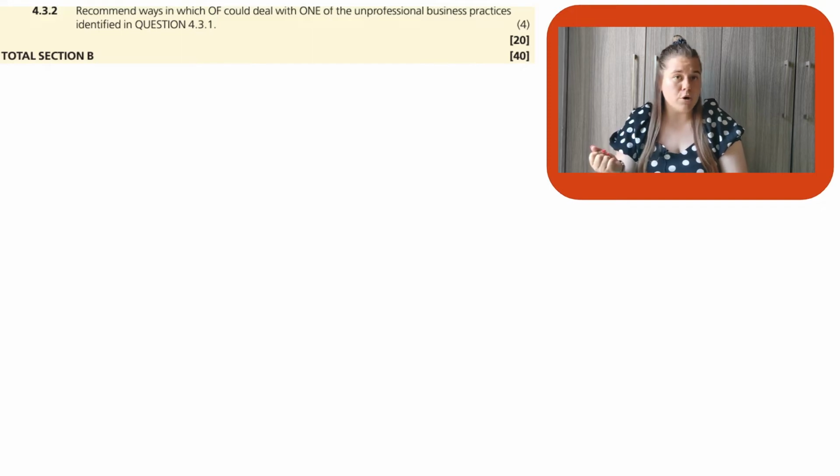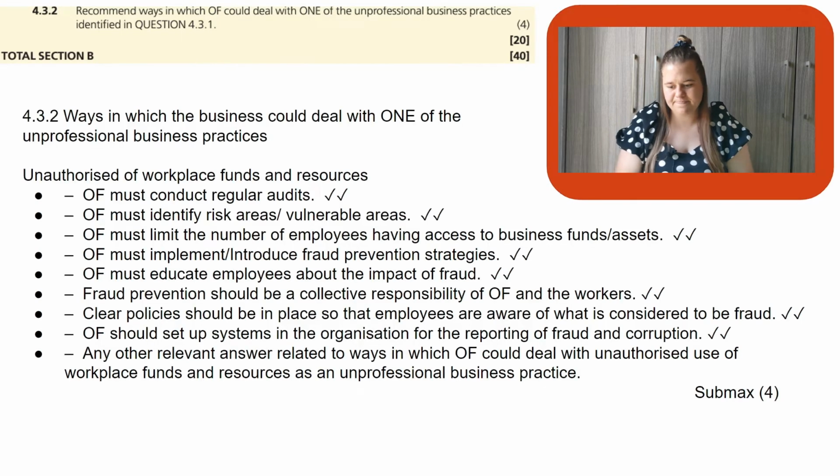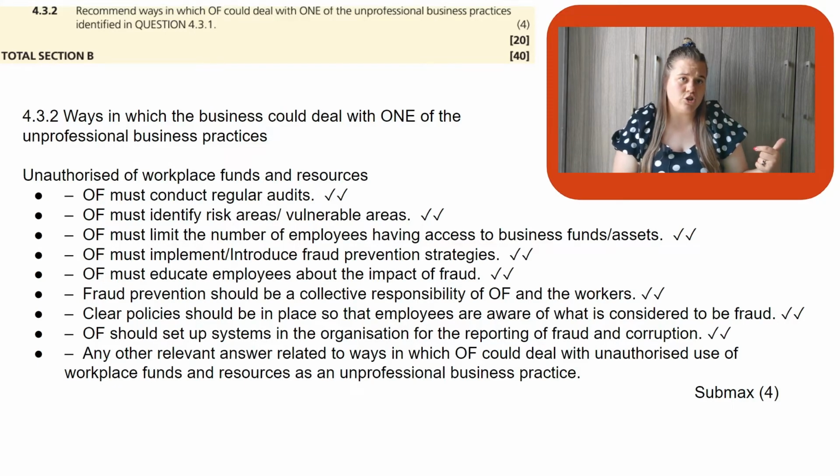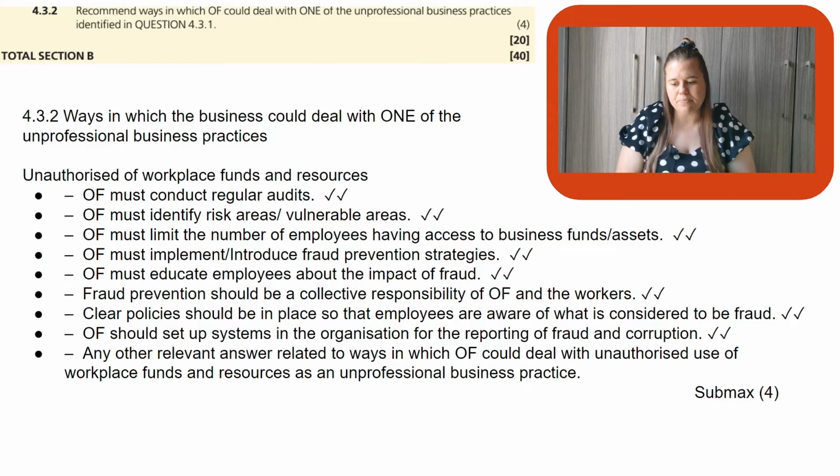Okay, 4 marks, 2 bullets. I'm first mentioning the unauthorized use of work funds, and then I'm going to mention the abuse of work time. All right, so OF must conduct regular audits. They must identify risk areas, and must limit the number of employees who have access to the business funds. They must introduce fraud prevention strategies.